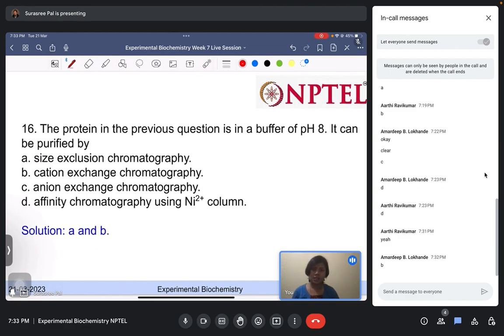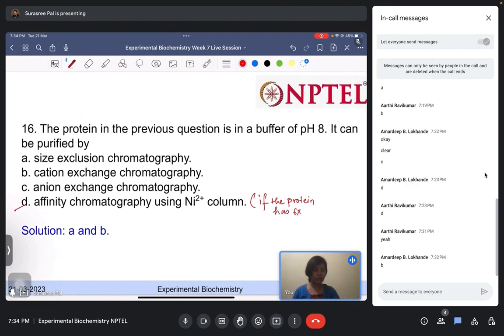Now size exclusion chromatography can also be used, and in that case the protein is not purified based on its charge, but it is purified based on its size and shape. And affinity chromatography can be used if the protein has a 6x histidine tag.